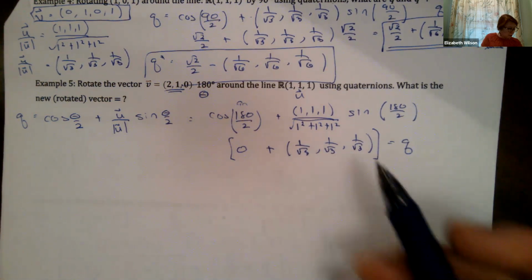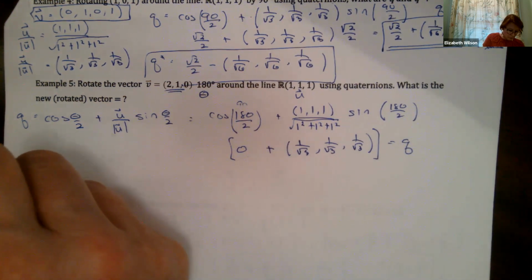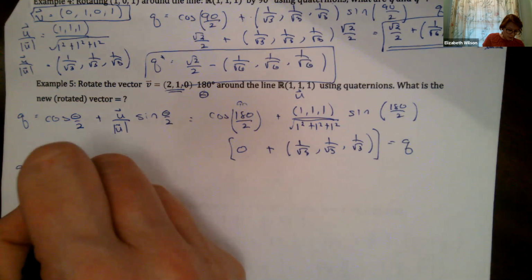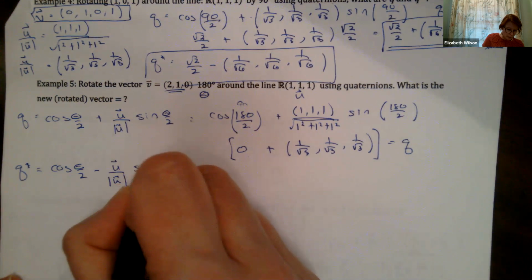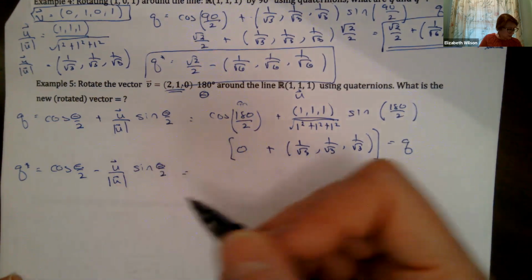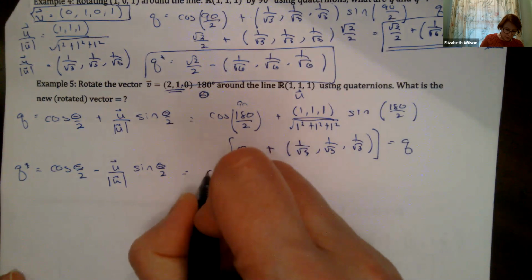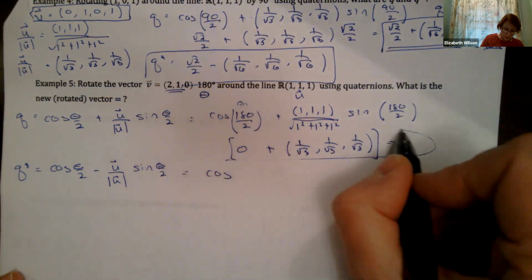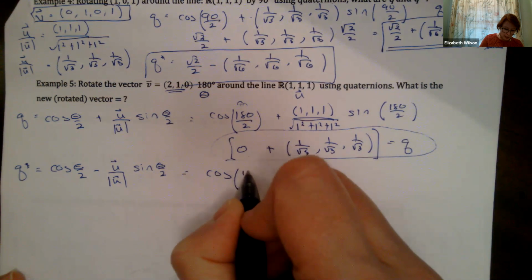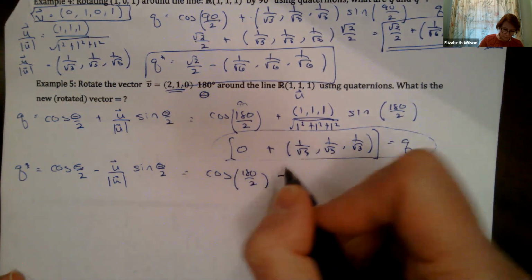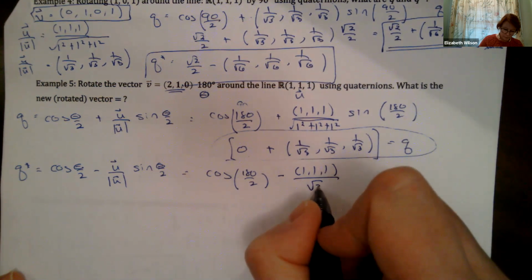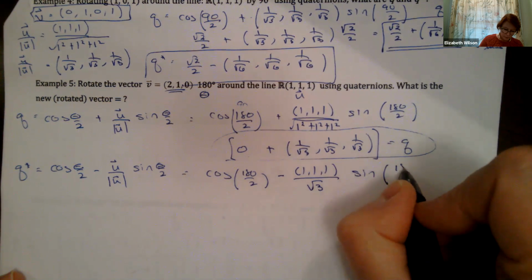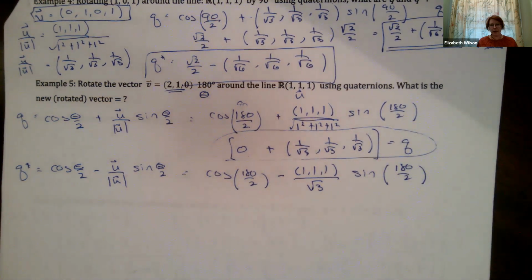All right, so now my Q star: cosine of theta over 2 minus U divided by the magnitude times sine theta over 2. It's the same thing, but we'll write it all the way out so you can see. Cosine of 180 over 2 minus... make sure you divide theta by 2 before you take the sine or the cosine of it.